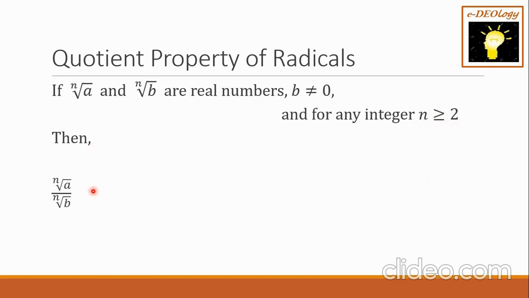Then, if we divide the nth root of A by the nth root of B, the answer will be a big radical with index n. Inside the radical is a fraction with numerator A and denominator B. So this is the quotient property of radicals.